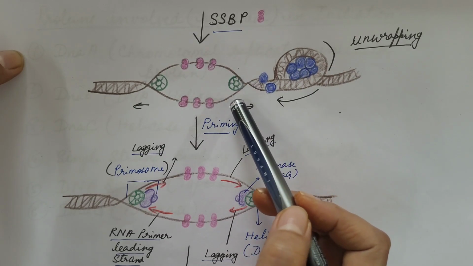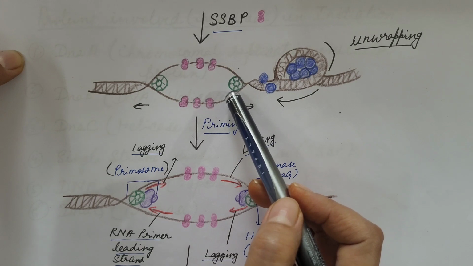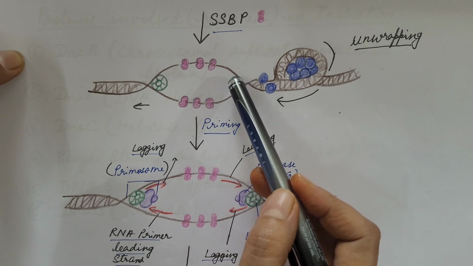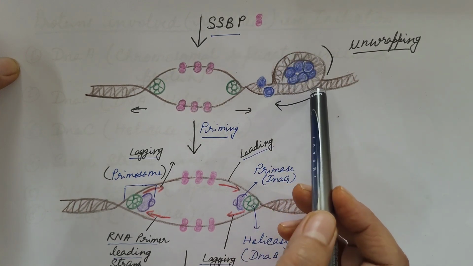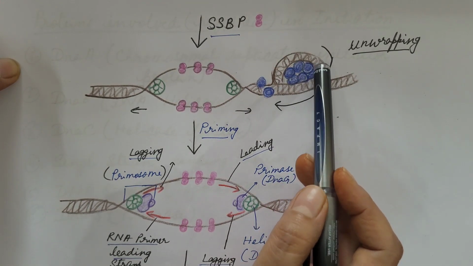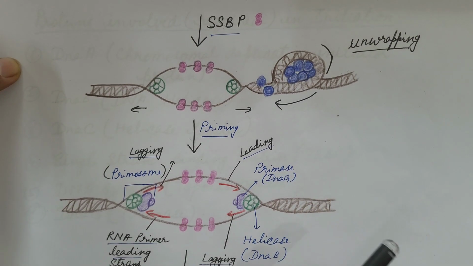As the further separation of the DNA strands takes place by the helicase, unwrapping of the DNA takes place, which was wrapped around the DnaA protein.